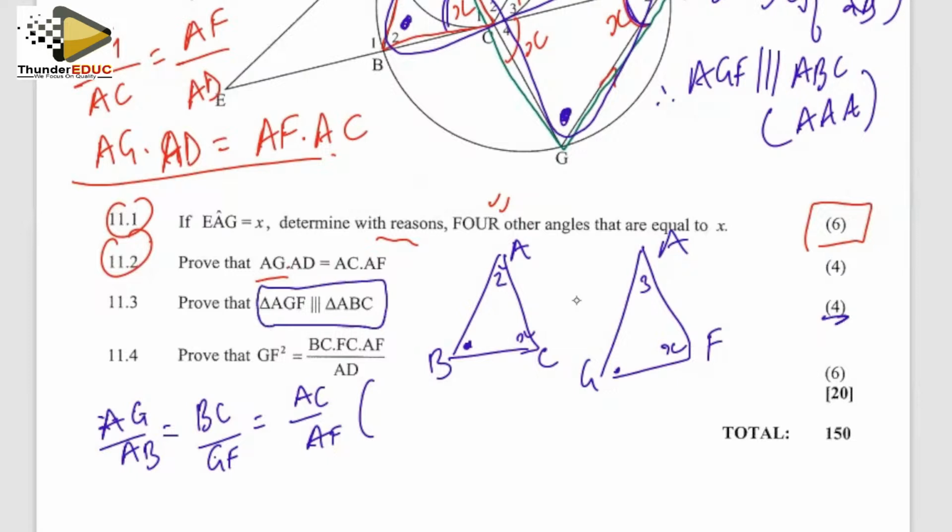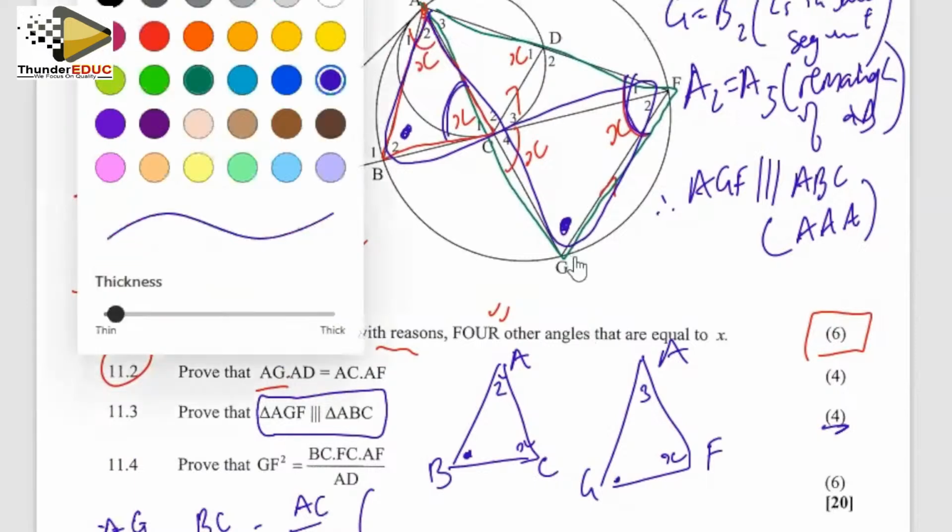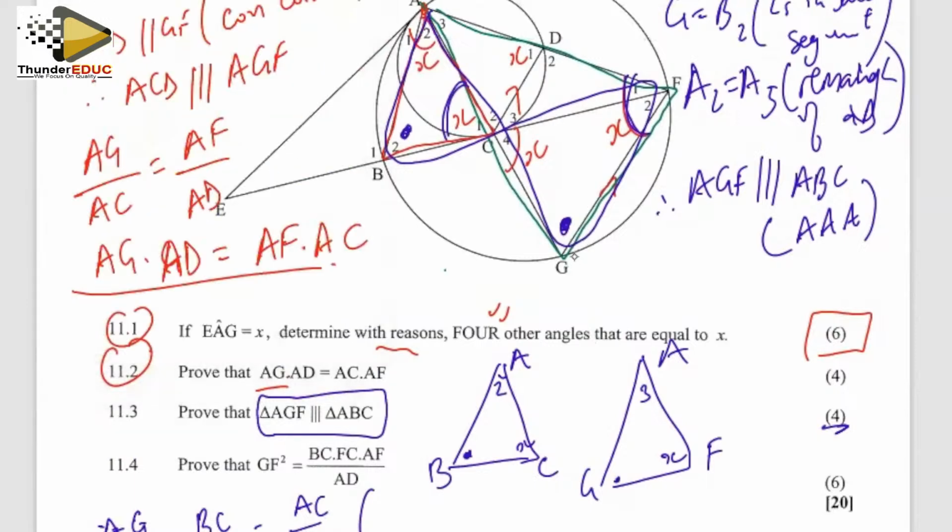But my point of interest is these two triangles. You see, triangle ABC is also similar to this one. If they are similar, why are they similar?